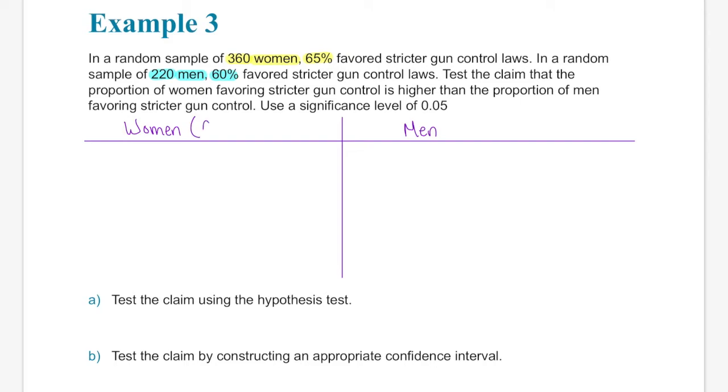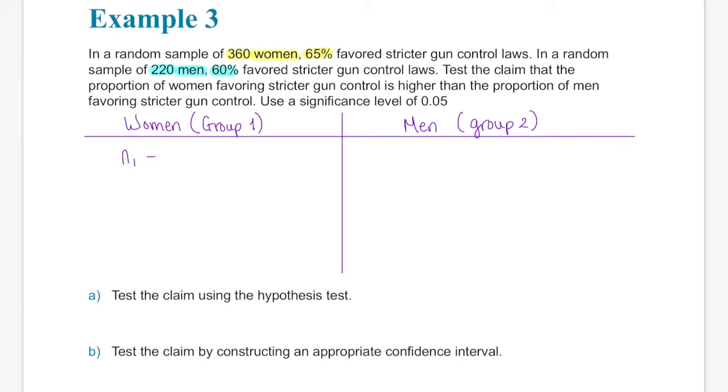I will call the group of women group 1 and men group 2. n1 is 360, p hat 1 is 0.65, n2 is 220, p hat 2 is 0.6.